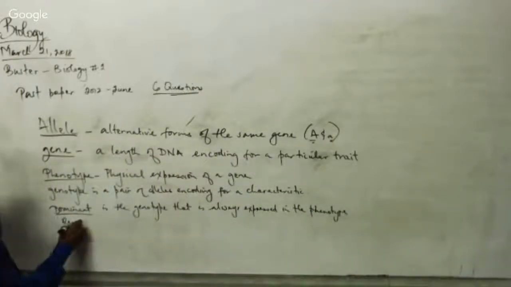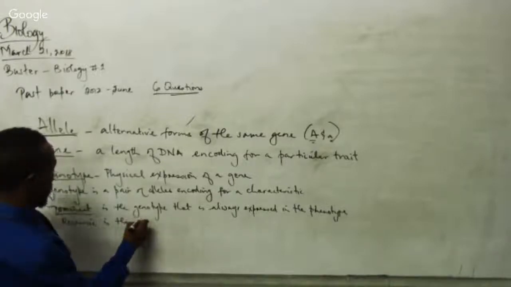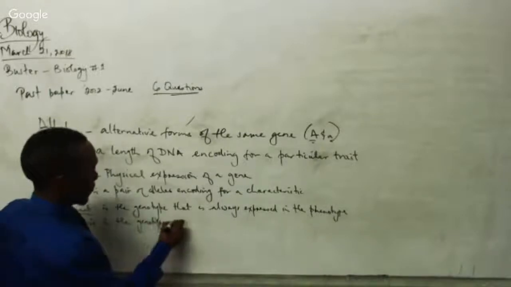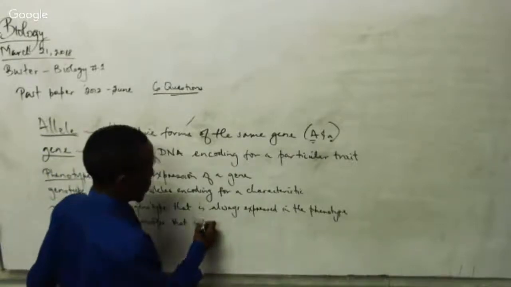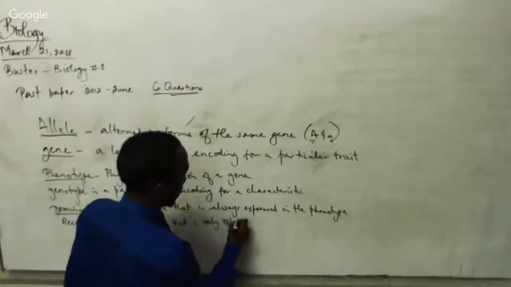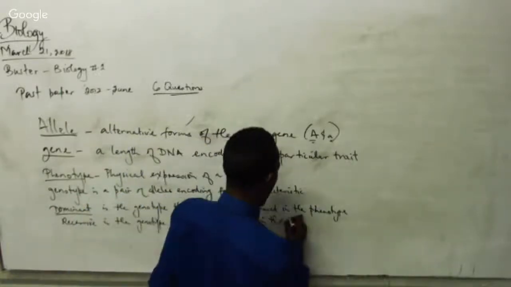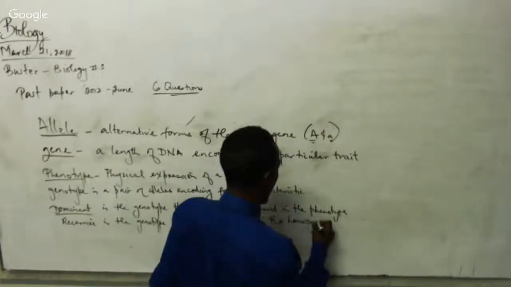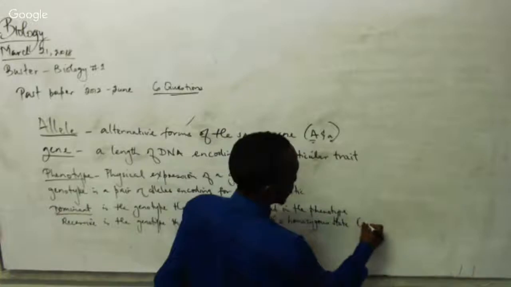While recessive is the genotype that is only expressed in the homozygous state, meaning small a, small a.